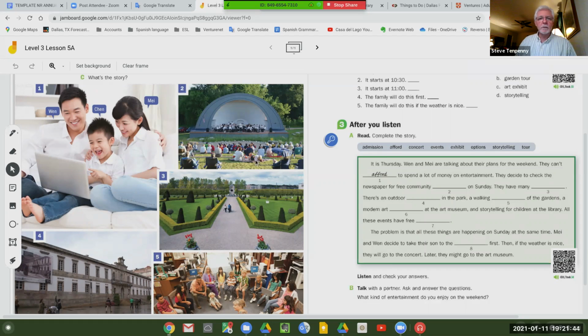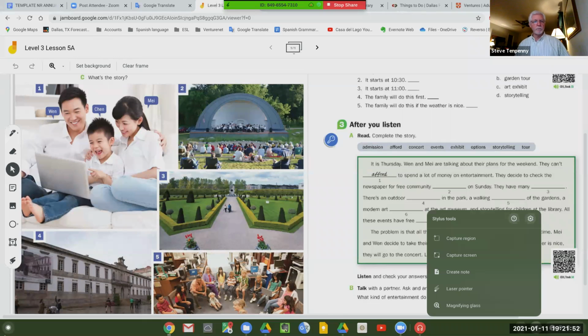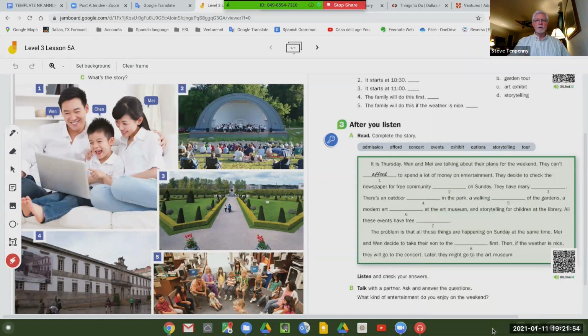So look at picture number 2. Let me get my marker out here and I can use it for a pointer. Okay, number 2 right there. What does that look like? I can see many people. Mm-hmm. And is that on a stage?